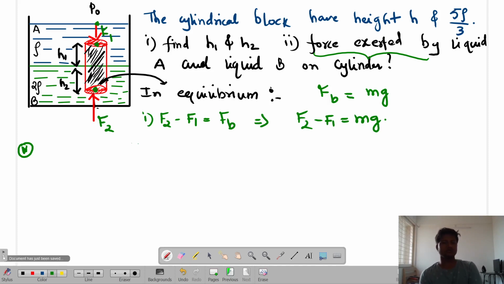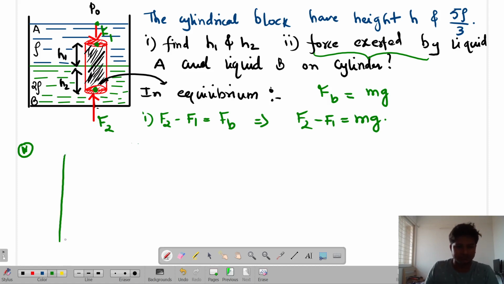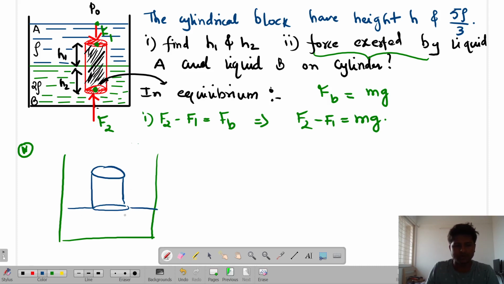So let's suppose I want to write the pressure difference, now think of one case. Let's suppose there is an object inside the container. Let's suppose this is my body till this level, till this liquid level. Where is the buoyancy force acting? Upwards.